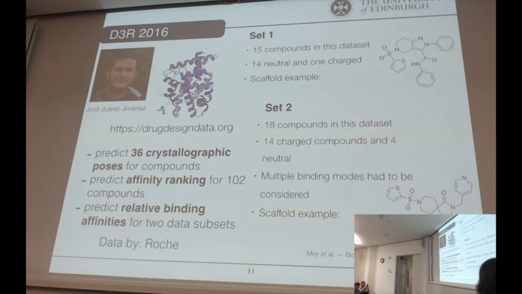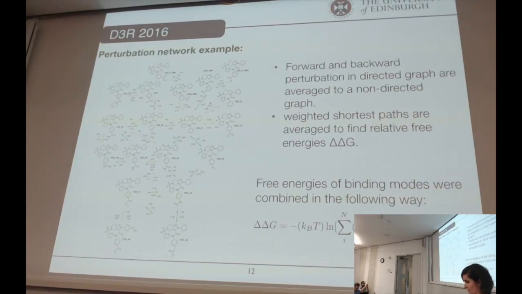Why is FXR interesting or difficult? The binding site is actually very non-polar, but some of the ligands are charged. Especially in set 2, even from the crystal structures later released, multiple binding poses had to be considered, so that increases the number of computations needed. Here's an example for the perturbation map we used.